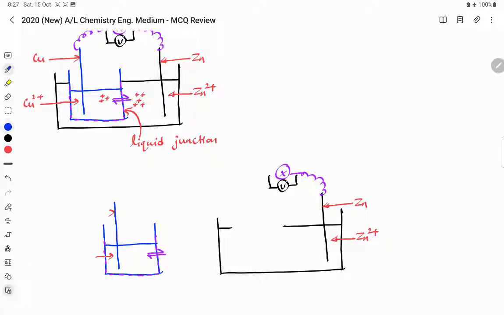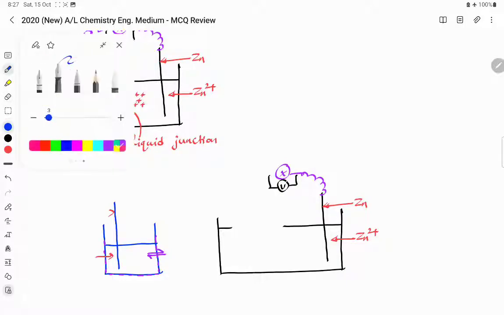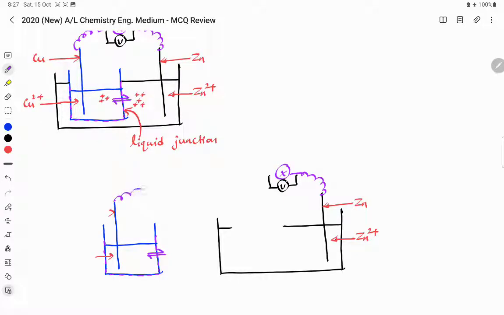Now what happens? Then when we try to connect these two, the circuit is not complete. So we have to connect the two electrolytes. Let's label them first. Copper here, copper 2 plus here. Now the copper electrode is out of the zinc electrode, so there's no liquid junction potential, but the circuit is not complete. Therefore we have to connect the two electrolytes using a salt bridge.